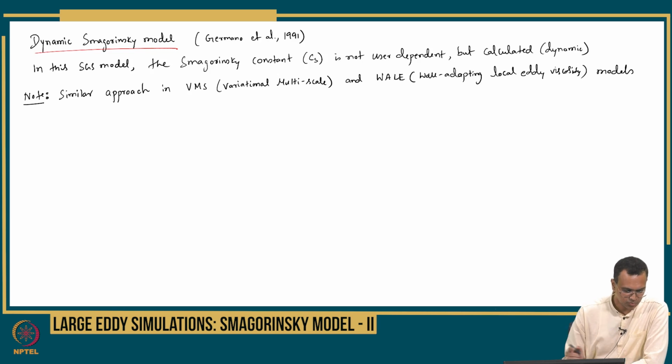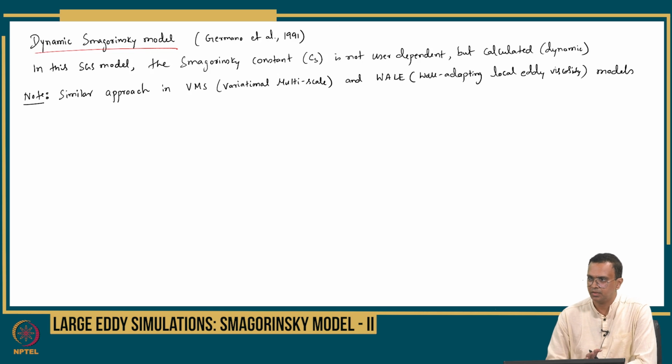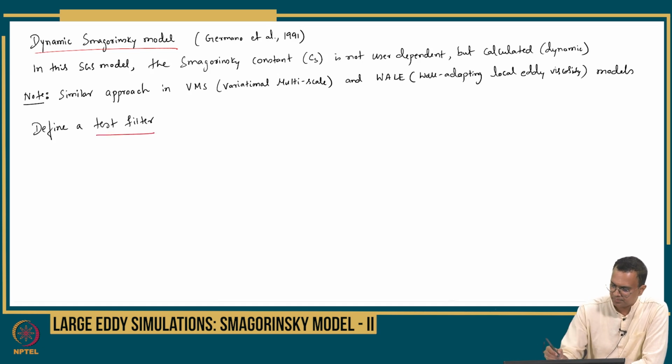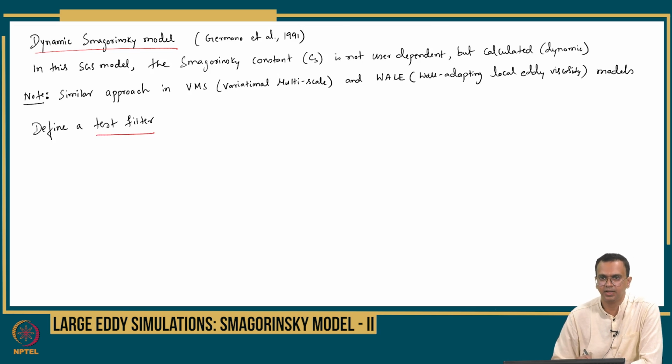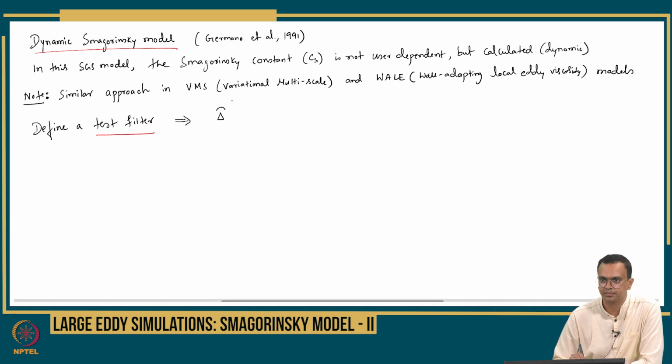Okay. So what we do first in a dynamic Smagorinsky, as I said, we have to compute the model constant dynamically. So that means here we define what is called a test filter. So first we define a test filter. What is this test filter and why should it be different from the grid filter? Let's call this one with a cap here.